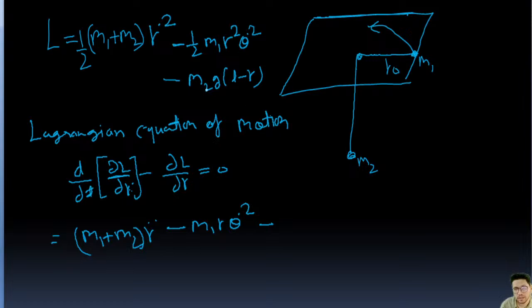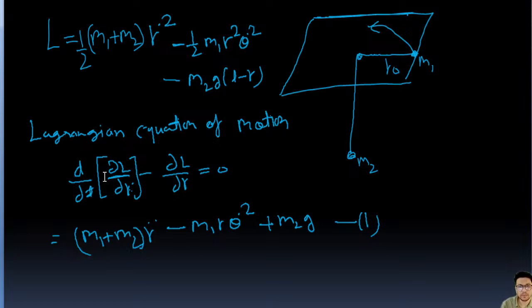And m2 g L is a constant, but because we are differentiating with respect to R, this is going to be minus m2g, and minus becomes plus m2g. Okay, this we can say equation number 1.